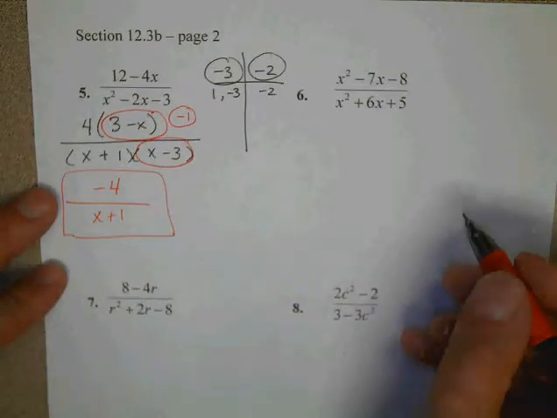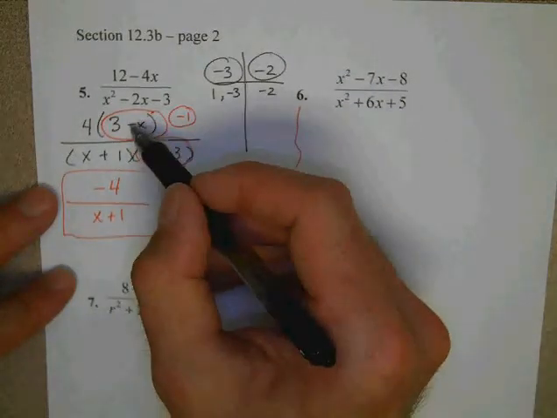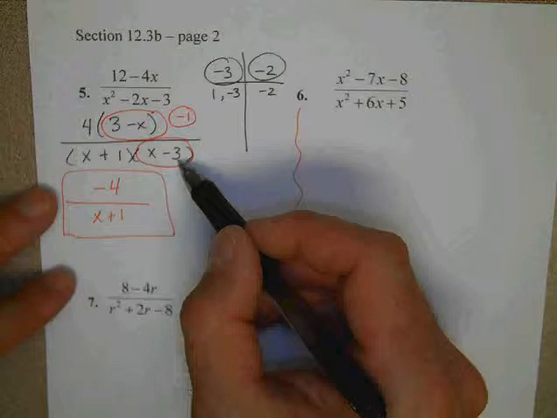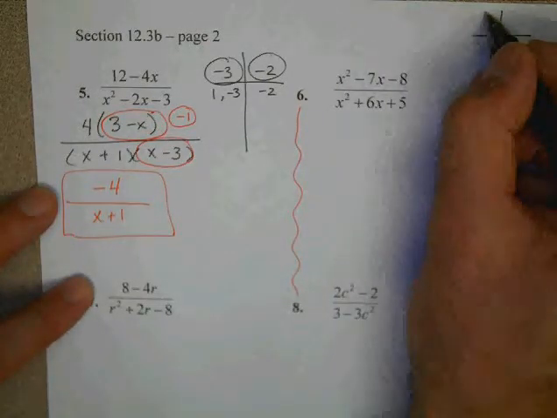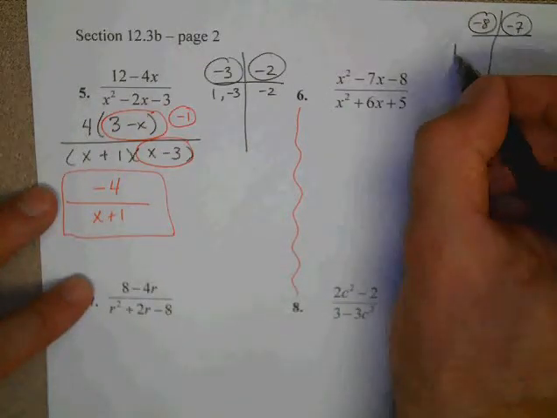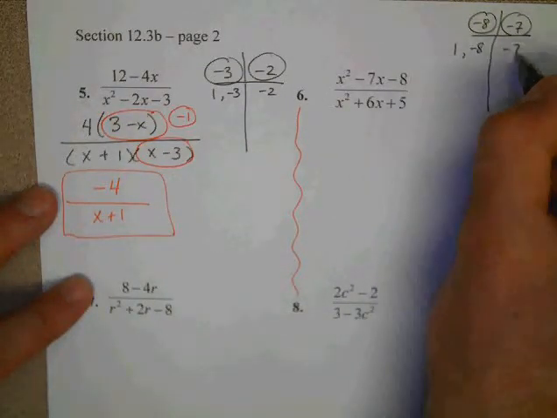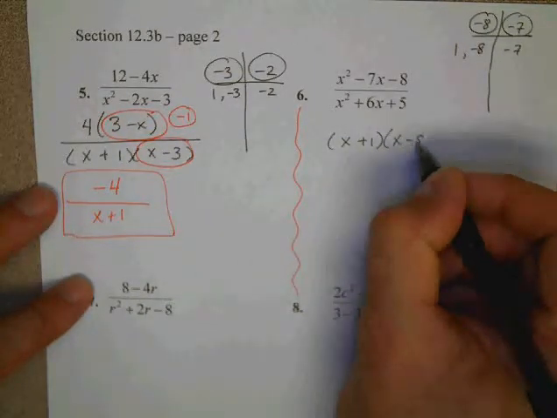Look at our next one. As you notice, every time we have a factor in the top, we also have a factor in the bottom that's very similar. Here's our next one, number 6. 1 multiplies to negative 8. That adds to negative 7. 1 and negative 8. So our top factors are x plus 1 and x minus 8.